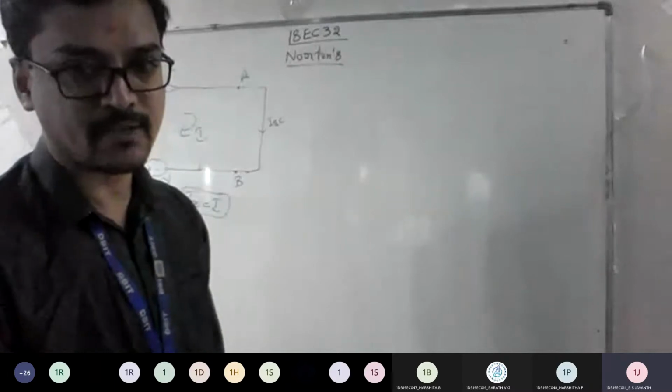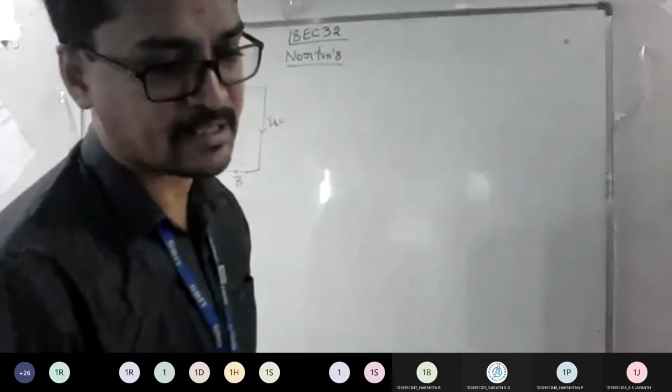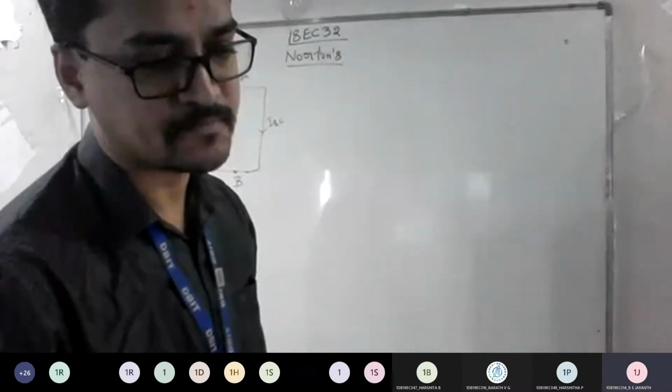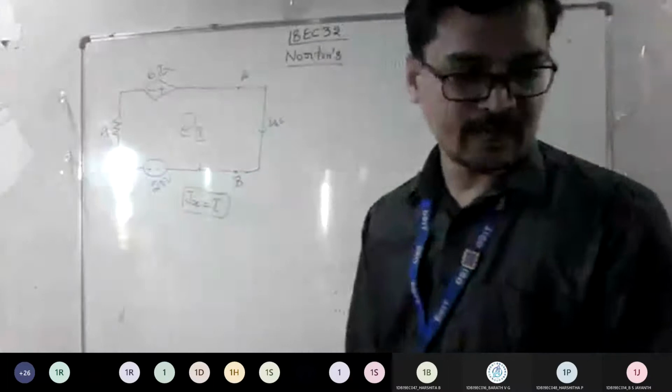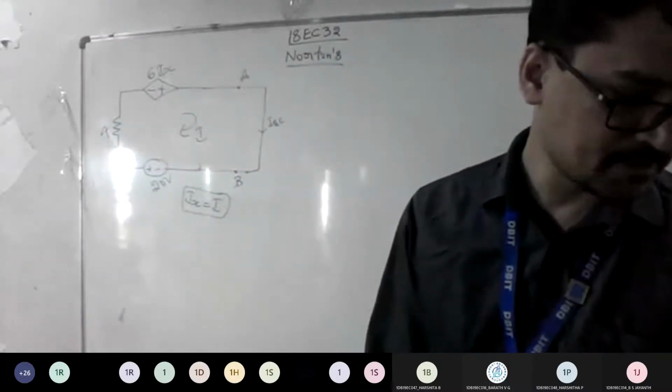Yes, that will come if the 6 ohm is in the picture. If the 6 ohm itself is not there, can I treat Ix as what? Correct. So you will have only one current. Okay, so check out what is the answer.